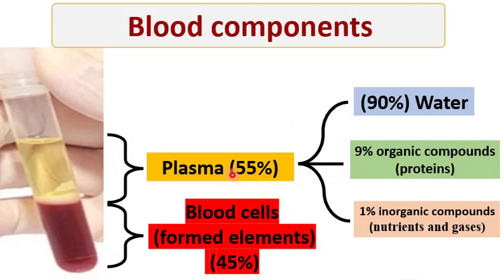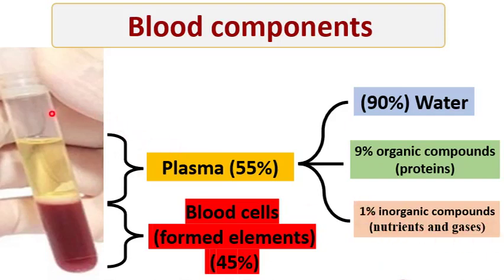The plasma is formed from water, organic and inorganic compounds. Water represents 90% of the plasma. Organic compounds, such as proteins, form 9% of the plasma. Inorganic compounds, such as nutrients and gases, which means oxygen and carbon dioxide, represent 1% of the plasma.